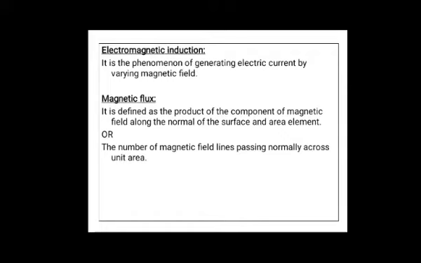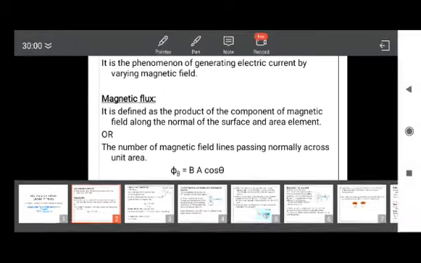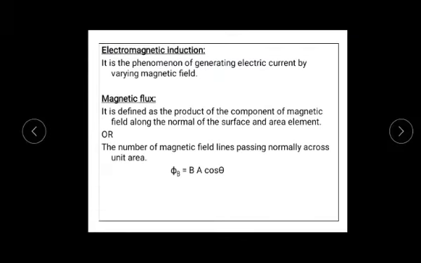Even we can define it with the help of a mathematical form, that is, it is defined as the product of the component of magnetic field along the normal of the surface and the area element. Flux is denoted by the letter phi. Since it is magnetic flux, you can use the letter phi B, where B is for magnetic field.